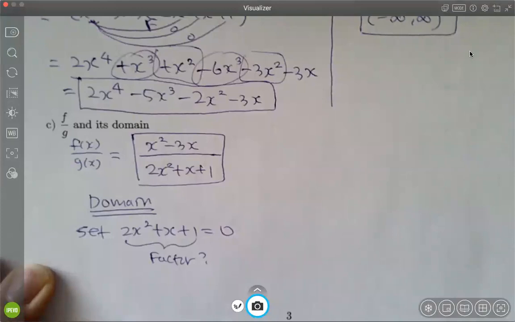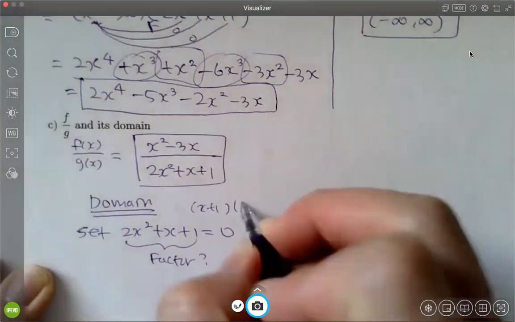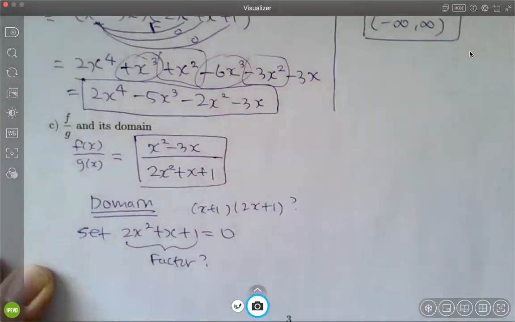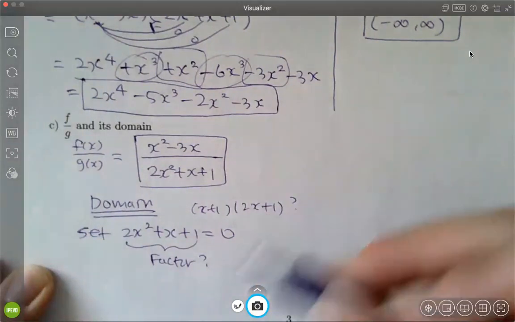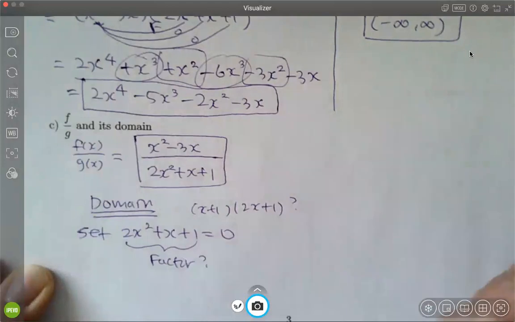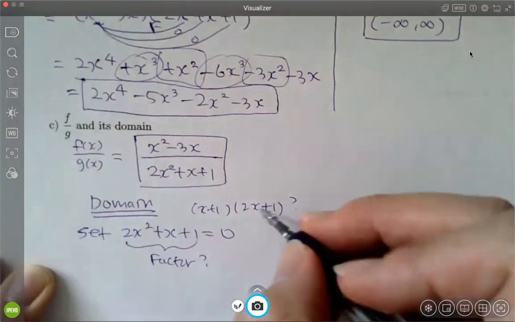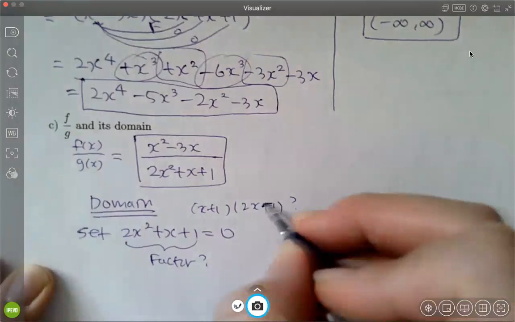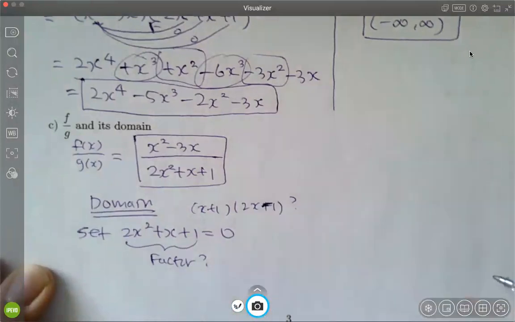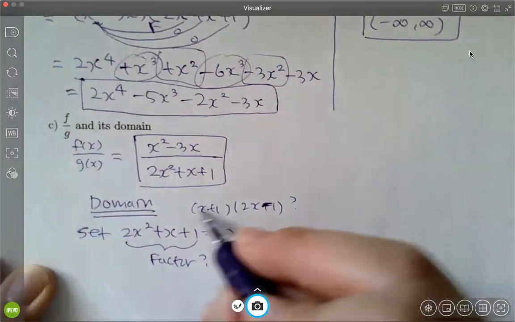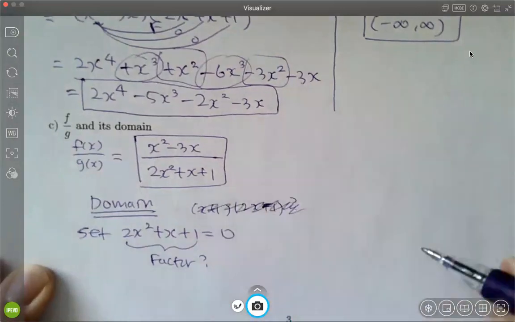Is it x plus 1 times 2x plus 1? This one? I don't think so, because when you follow this, what do you get as the middle term? 3x, right? Okay, then is it this one? Mm-mm. So, can you factor this? No, okay, you can't.